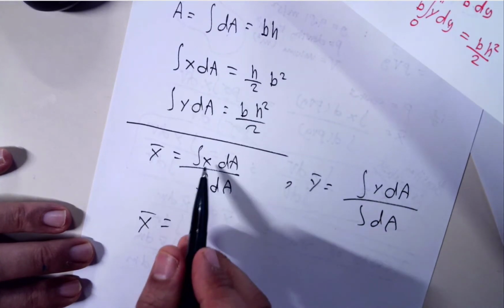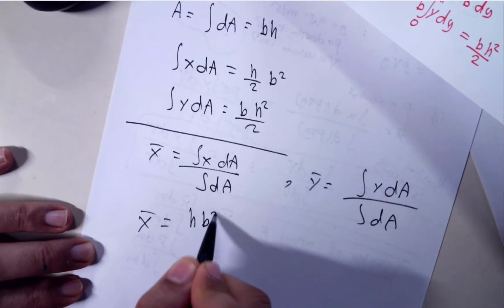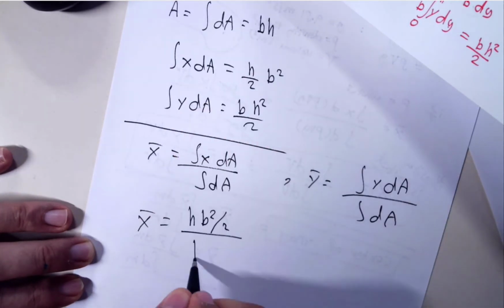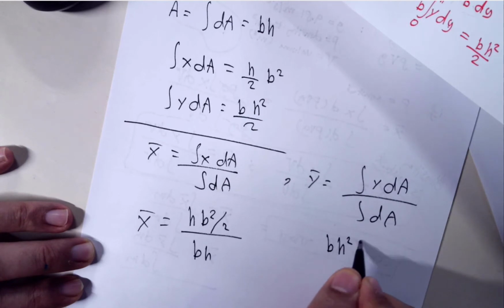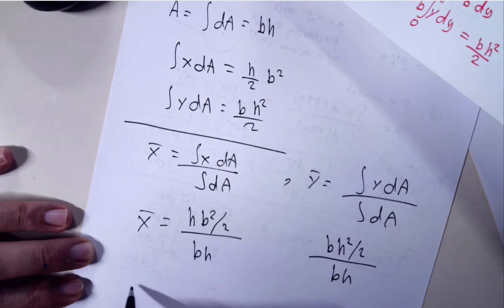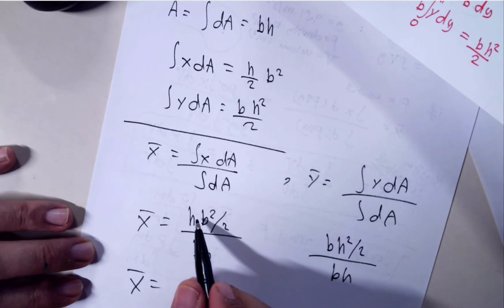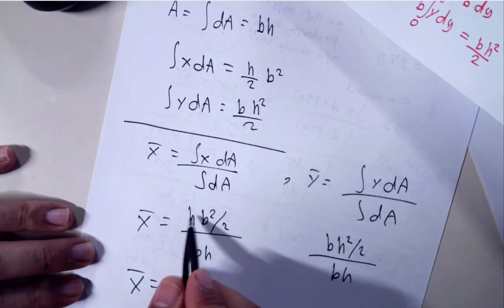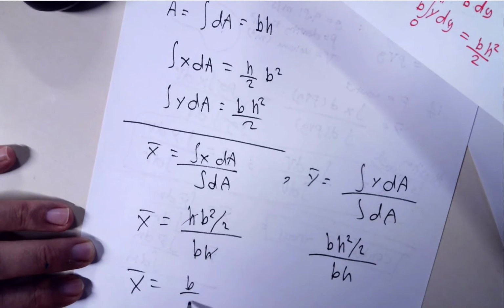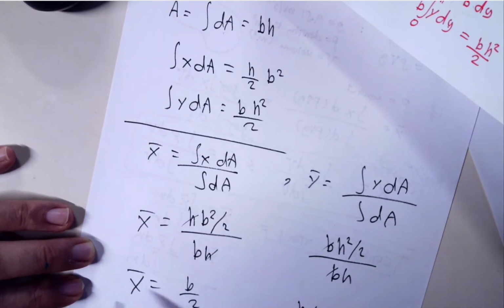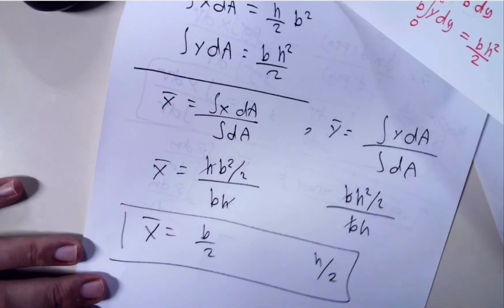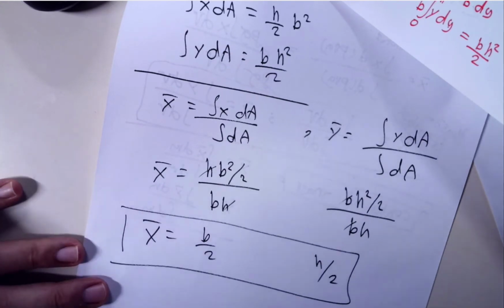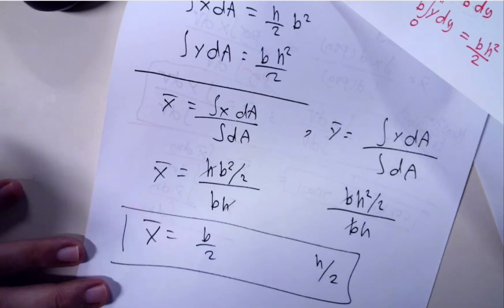So x bar equal, that magnitude is h b squared over 2 over b h, and this is going to be equal to b squared h over 2 b h. So simplify this, this cancels, and this cancels, so x bar is b over 2, which intuitively is what we know by default, just simply looking at the problem.